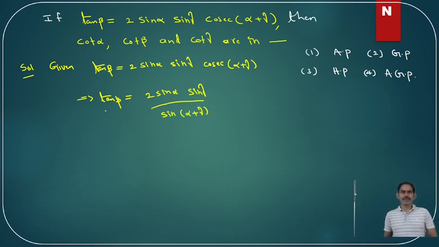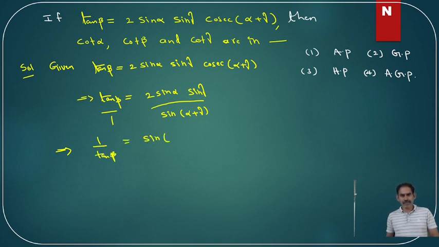Write the reciprocal of this expression: 1 by tan beta equals sin alpha plus gamma by 2 sin alpha sin gamma.